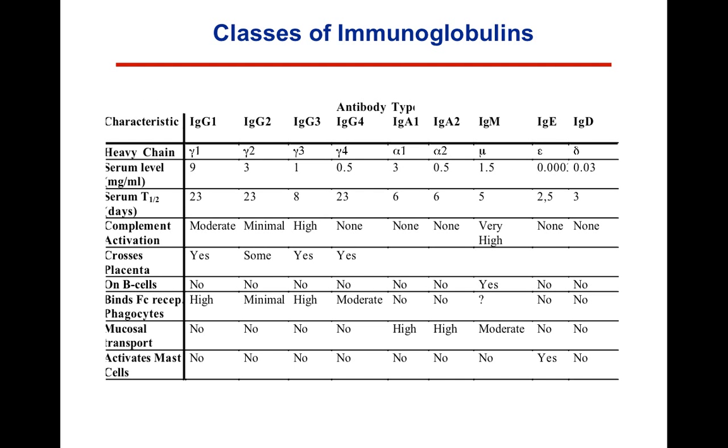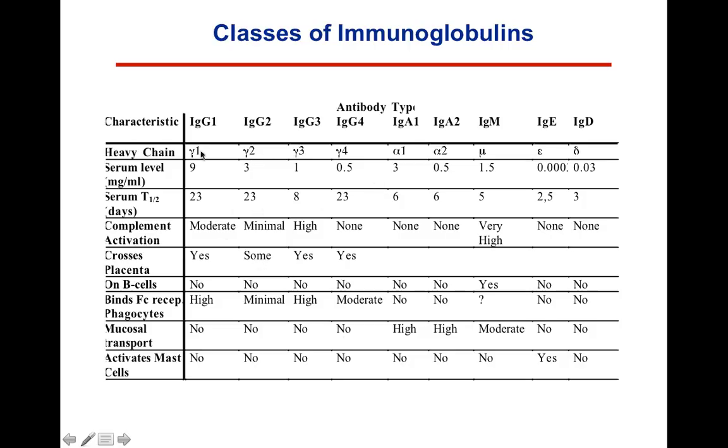So this is just a summary table of antibodies. You do not have to memorize this, but what I want to point out is the different characteristics. I like this table because it has a lot of nice information on it that I'll go through to show you.